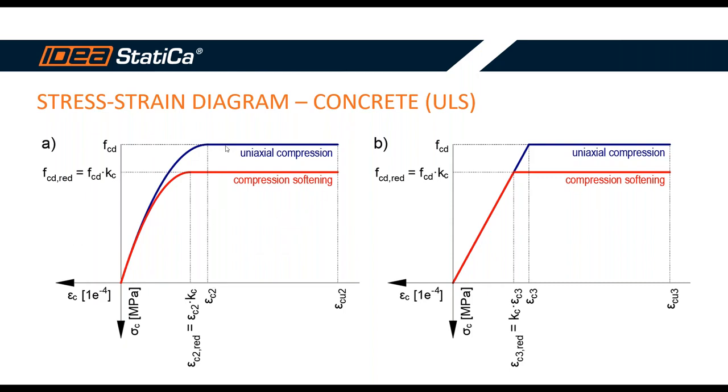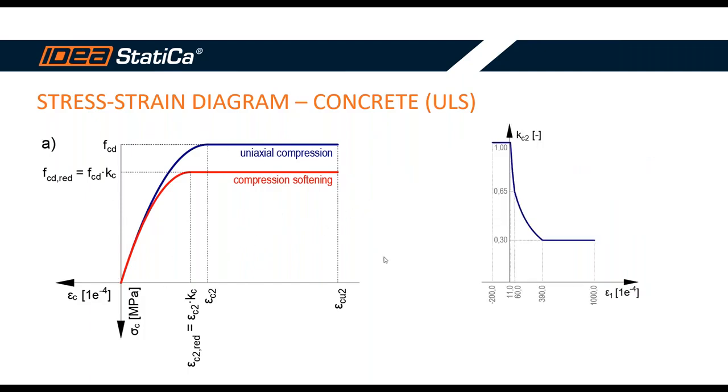By default, we calculate with the parabolic stress-strain diagram. The user input is this blue curve. It is this code-dependent curve, which represents the material, but the software calculates with this red one, which is influenced by compression softening, which is automatically calculated based on these relations. This Kc factor is the factor which reduces concrete strength in compression.